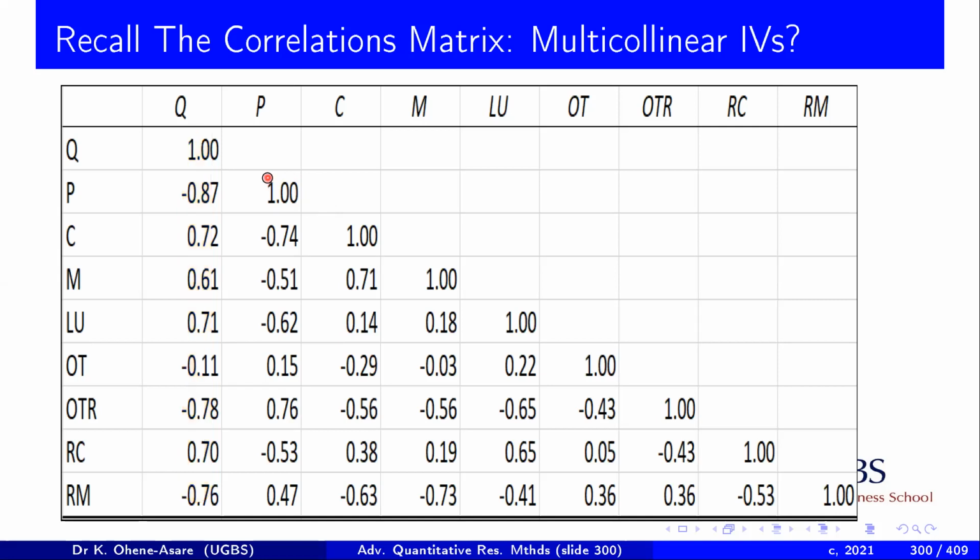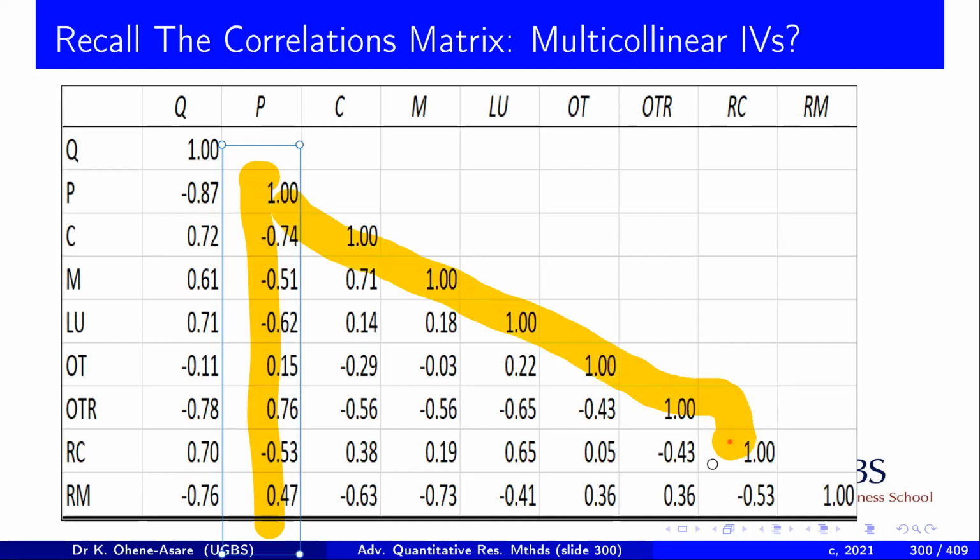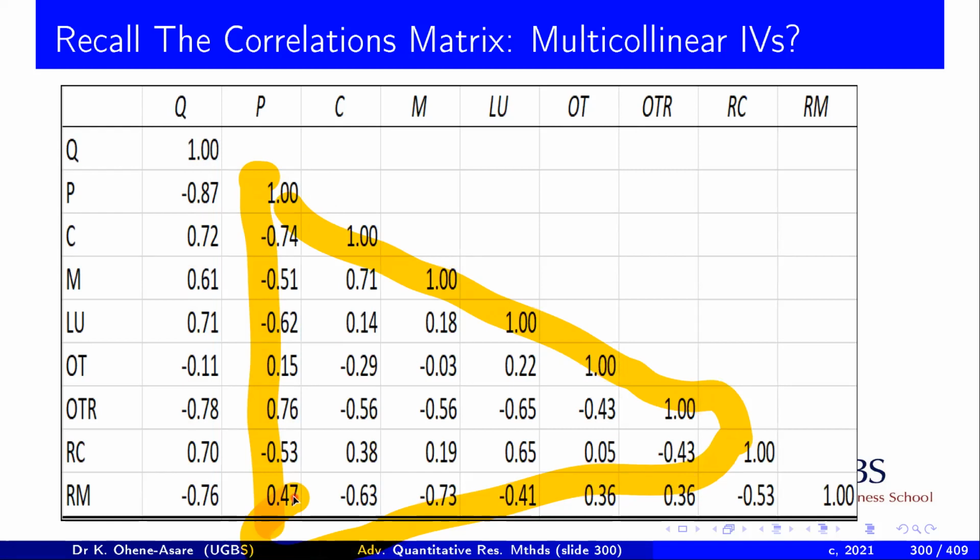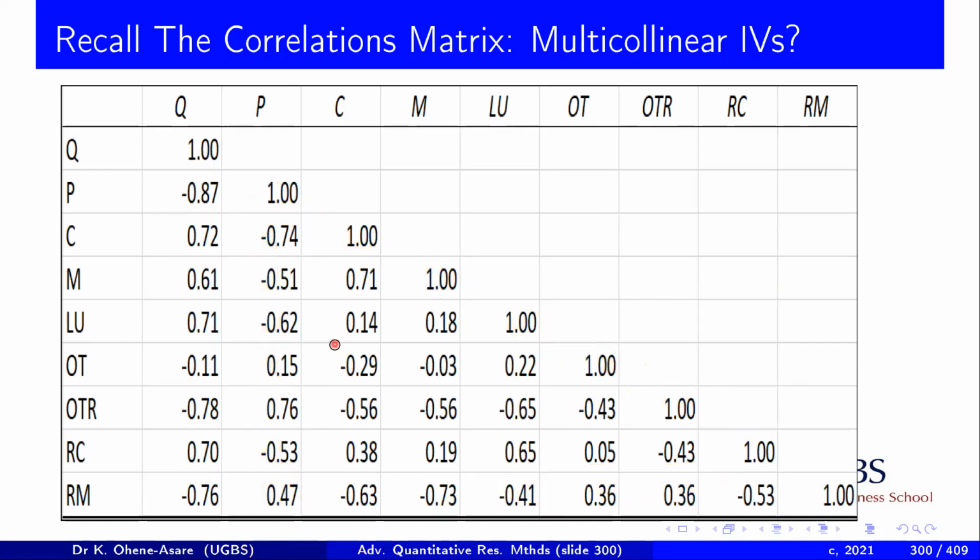So anything from this section going down here, and then this section going down here, all the things in there, excluding, of course, the 1, 1, 1. You check those that have a high coefficient, whether positive or negative. It will mean that there appears to be some high correlation there.